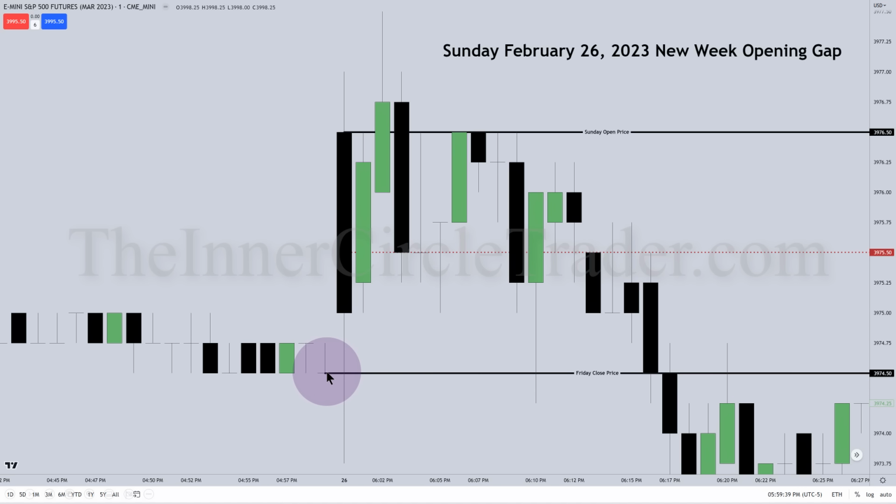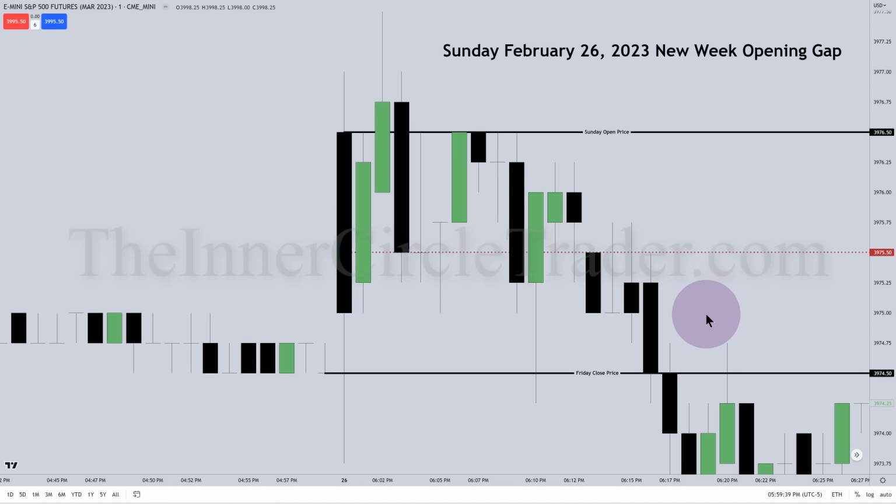So if you have the low of the new week opening gap, the high of the new week opening gap, you have the 50% based on the fib, midpoint, consequent encroachment. And then you can get the midpoint between the high and the 50% level to give you the upper third. You do the same thing down here between the 50% and low, the lower quadrant.